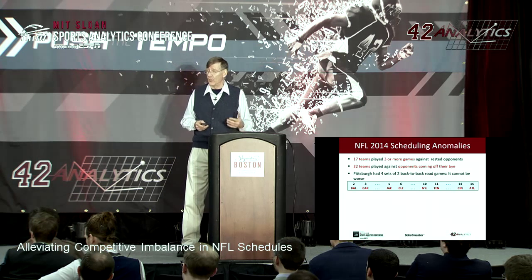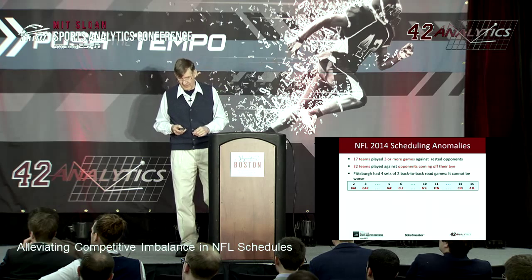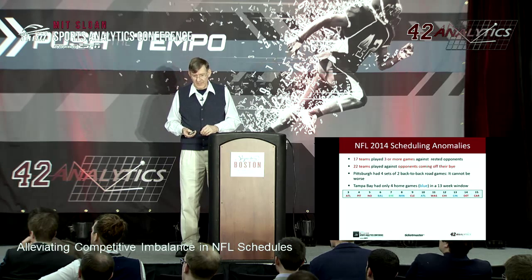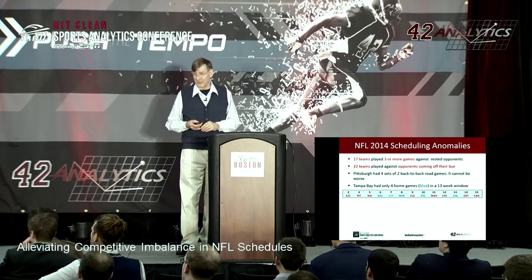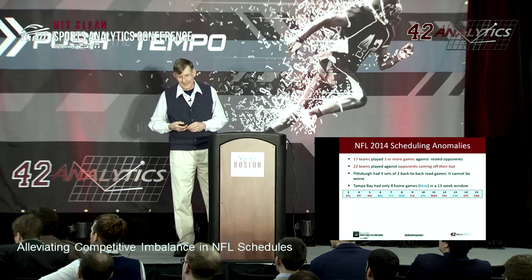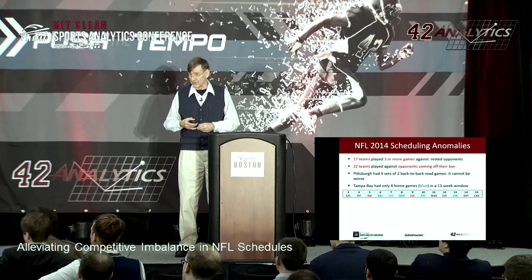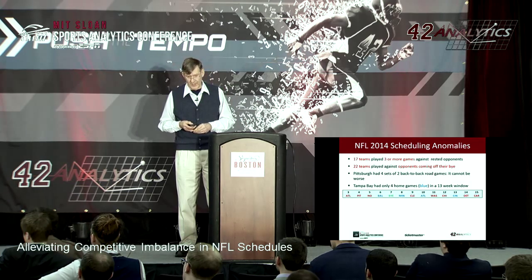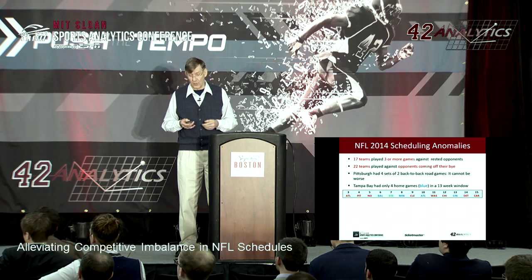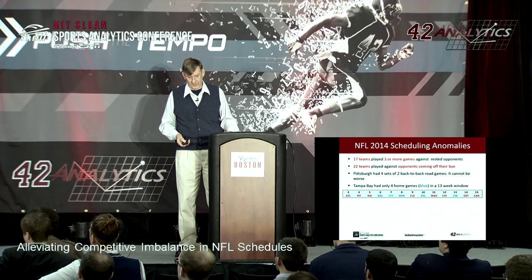You only play 8 away games, so you can't have more pairs of this. Tampa Bay started and ended the season with 2 home games, but that means it turned out to only have 4 home games in a 13-week schedule. When you look at it, the red is the away games and the bye is in green; they were hardly home for 13 weeks. That's not acceptable.